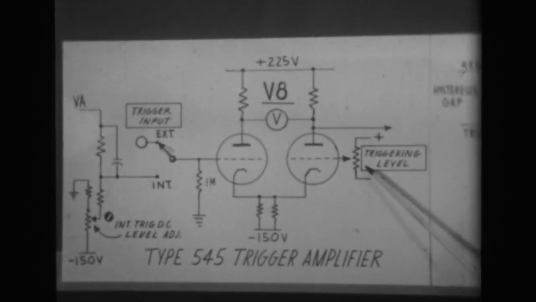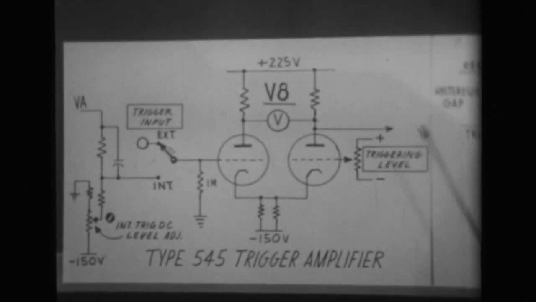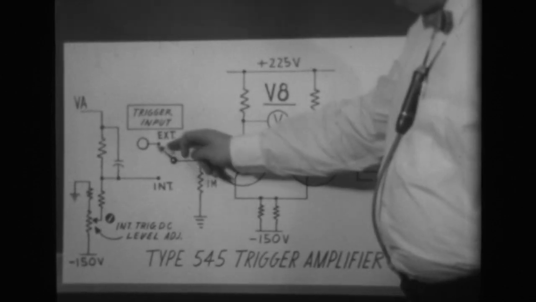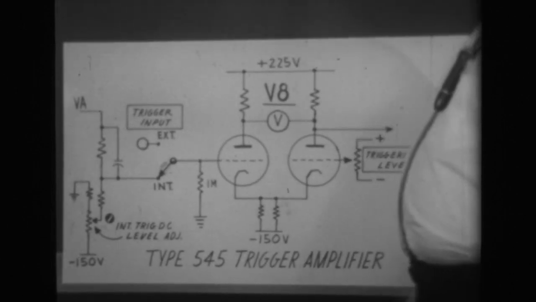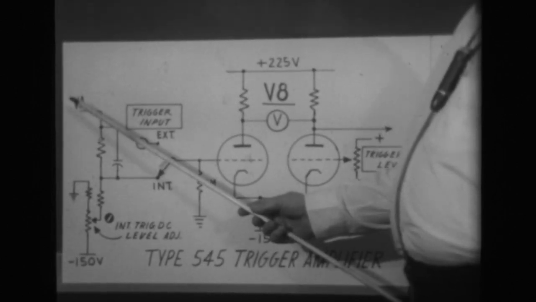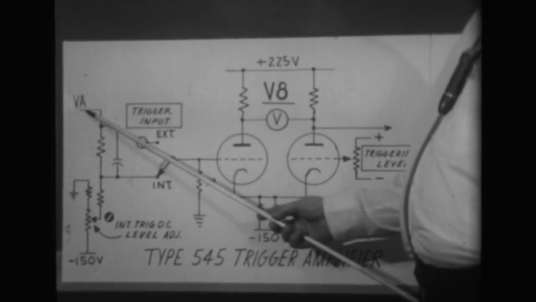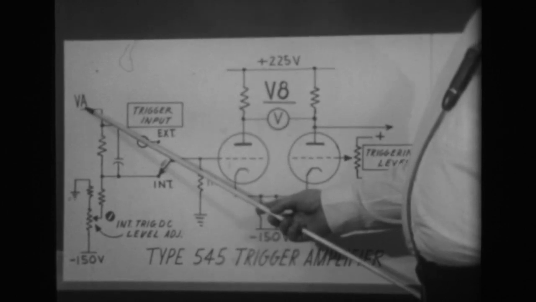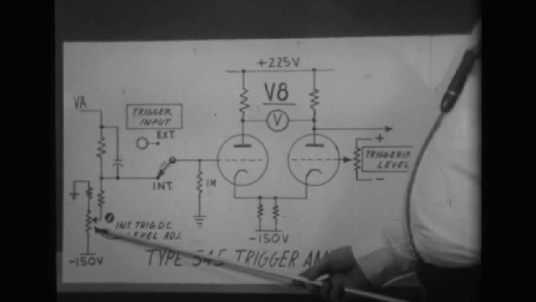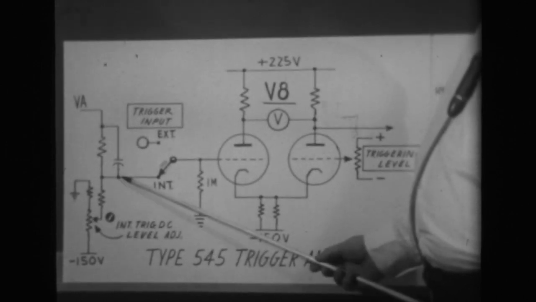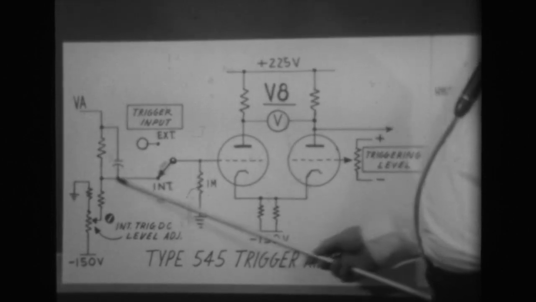After finding that rotation for the triggering level control, we then shifted to internal source, internal triggers, and by centering the vertical amplifier spot, in other words, centering the cathode ray tube spot, which produces an equivalent 0 voltage from the vertical amplifier, we then adjusted the internal trigger DC level adjust pot so that 0 volts DC resulted at the junction of these two resistors.